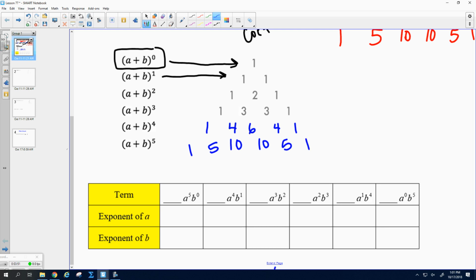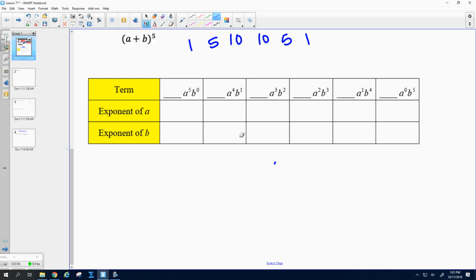All right, and just remember what happens to the exponent of a. What are they expanding right here? Looks like they're expanding this 5th one right here. All right, a plus b to the 5th. So my coefficient would be a 1. My next term would have a coefficient of 5. My next term would have a coefficient of 10. My next one would have a coefficient of 10, and 5, and 1. What's happening to my a's?